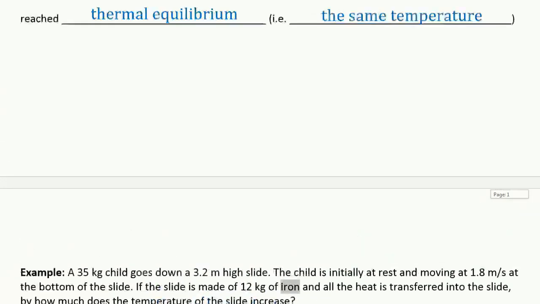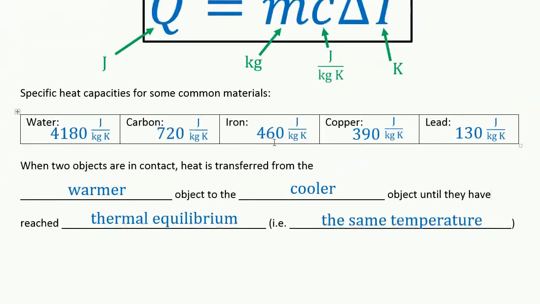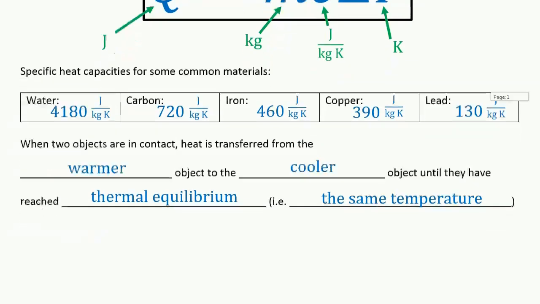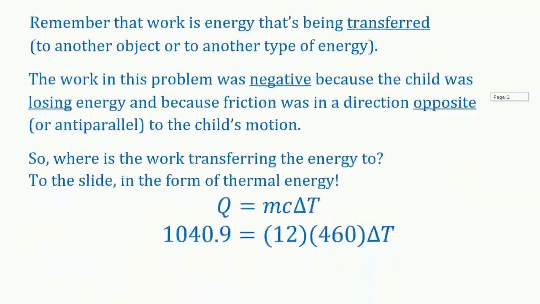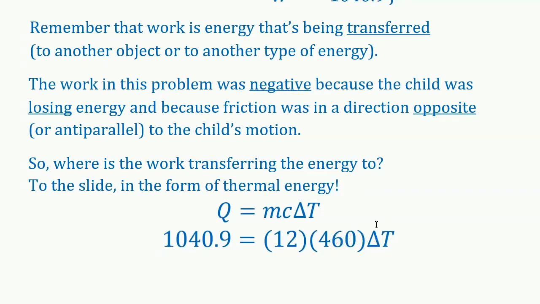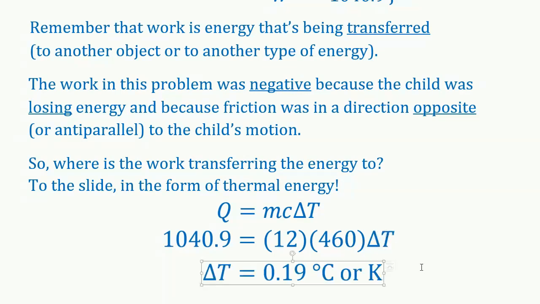And we said before that iron had a heat capacity of 460 joules per kilogram Kelvin. So that's where this 460 comes from. And there's our delta T, the change in temperature of the slide. And we can solve that. We get delta T equals 0.19 degrees Celsius or 0.19 Kelvin.